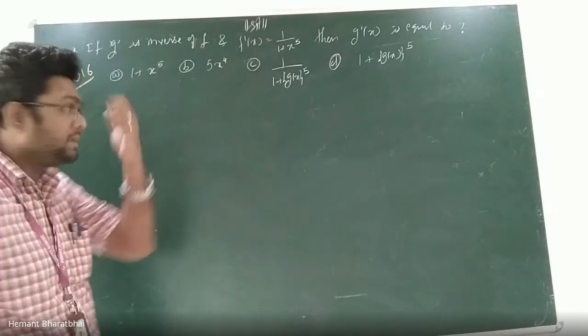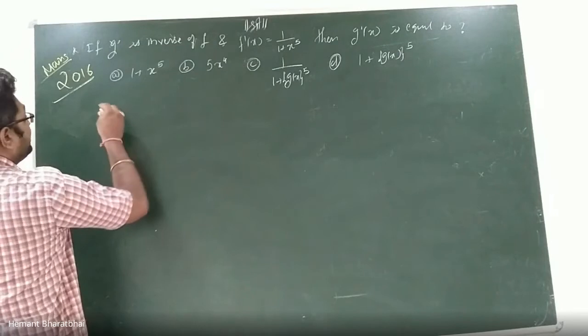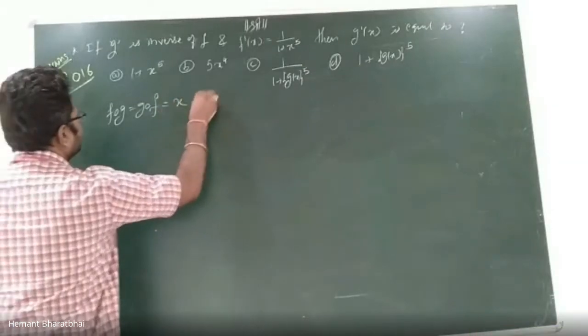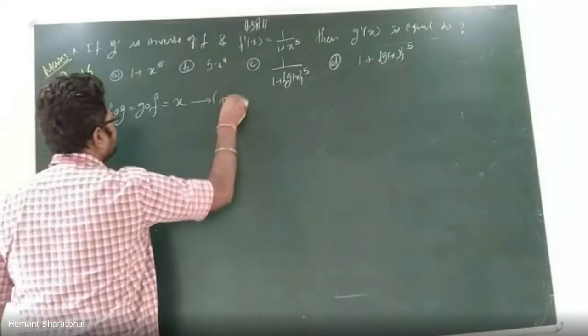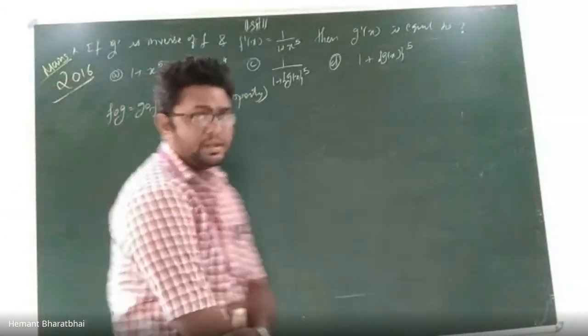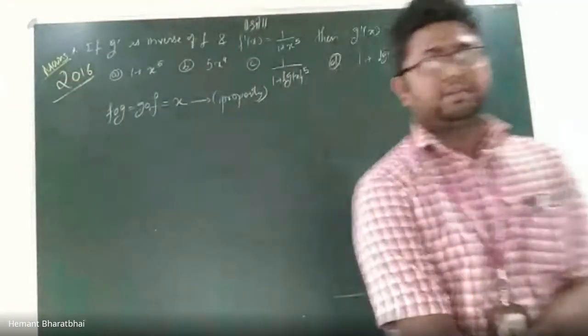So if you remember the property, if g is the inverse of f, then f of g is equal to g of f is equal to x. This is the property which we had written for the inverse of a function in the relations and functions chapter.